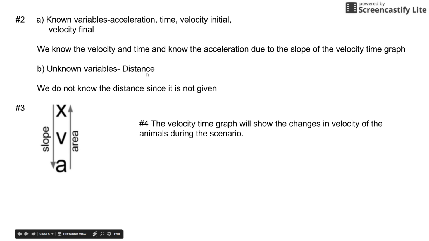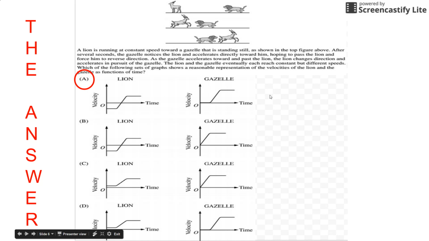Unknown, we don't know distance because that's not given to us, but it's unimportant for the velocity-time graph and which graph demonstrates this problem. And for number 4, the velocity-time graph will show the changes in velocity of the animals during the scenario, showing how it all changes to represent the entire problem.